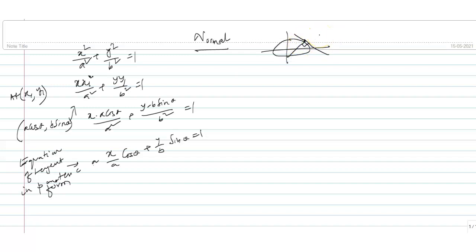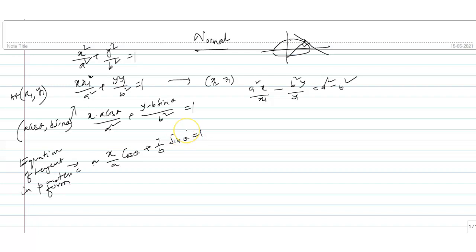So the equation of the normal at point (x1, y1) will look like a square x over x1 minus b square y over y1 equals a square minus b square. How are you getting this?